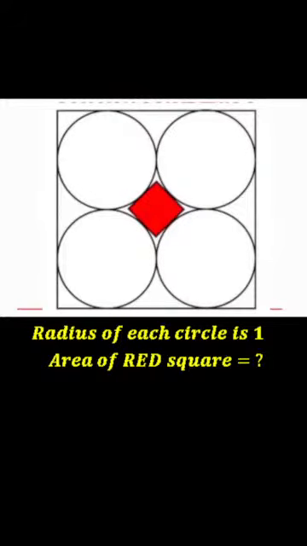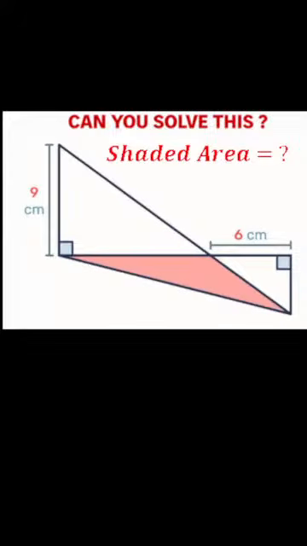Let's see how many of you can do that. I'll give you one more, a good one. This one. We need to solve for the area again. Area of the shaded region. I need your answer along with the correct approaches, guys. You can see this much length is already given to you. Two triangles are there.